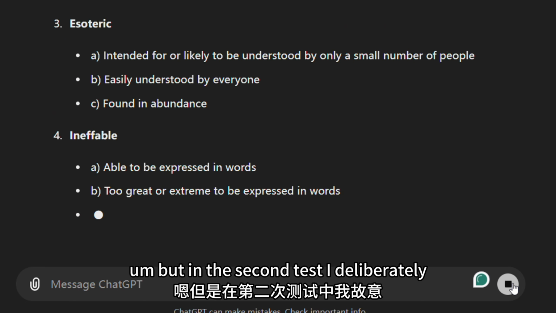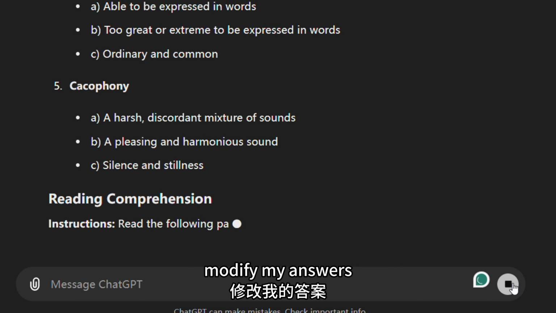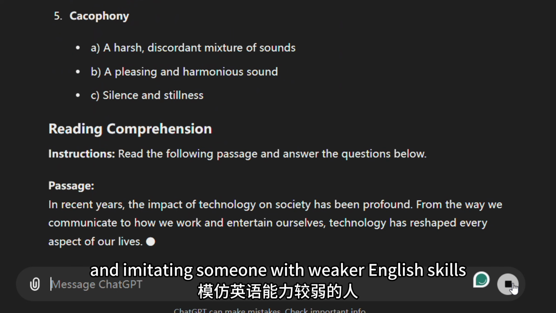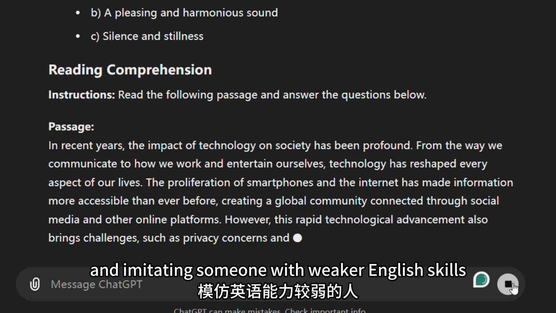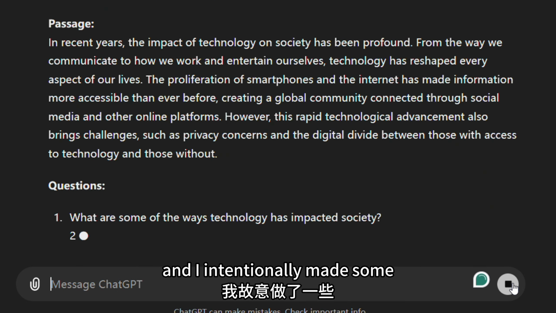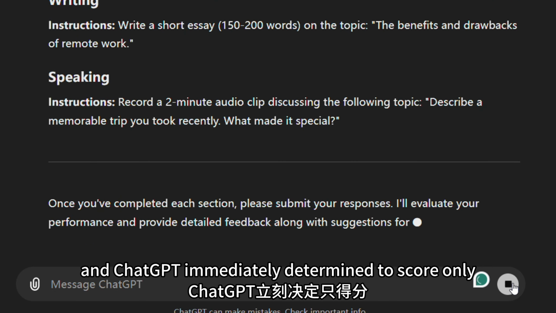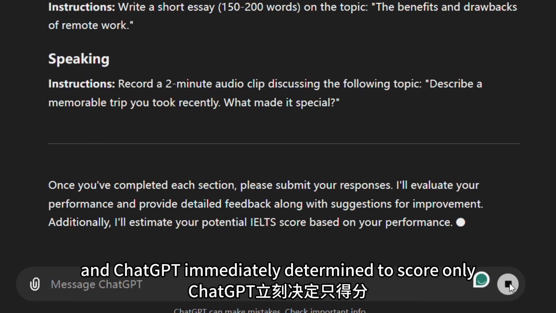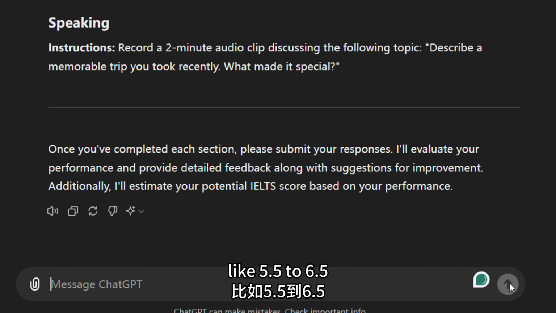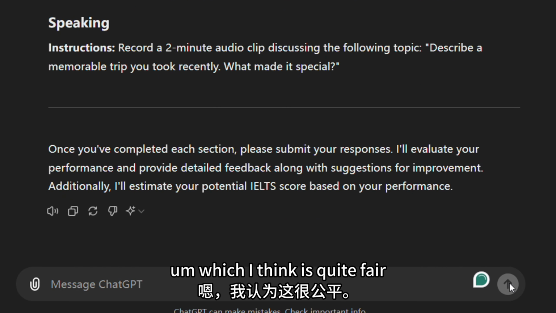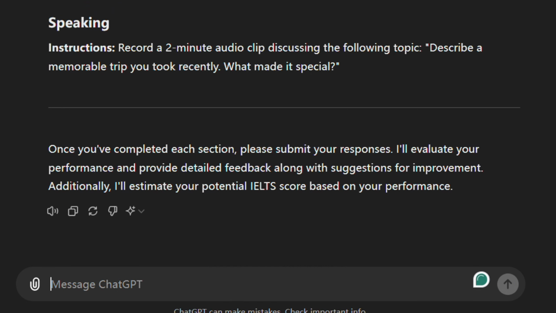But in the second test, I deliberately modified my answers, imitating someone with weaker English skills. I intentionally made some spelling mistakes and wrote sentences with grammar errors, and ChatGPT immediately determined a score of only like 5.5 to 6.5, which I think is quite fair.